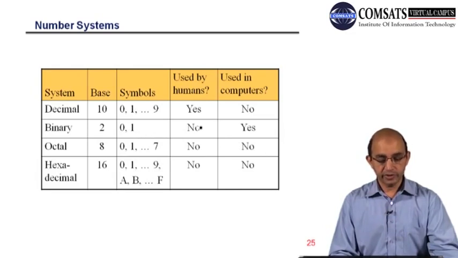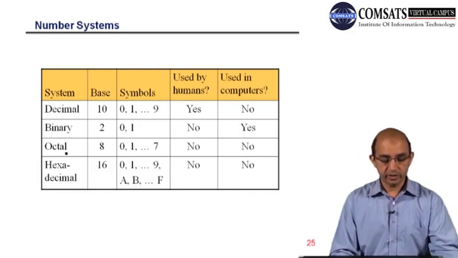Humans are not using it, and our computer is actually based on this binary number system. Then octal is base 8. On the design level it is not used, but on the application level, yes, we are using octal.